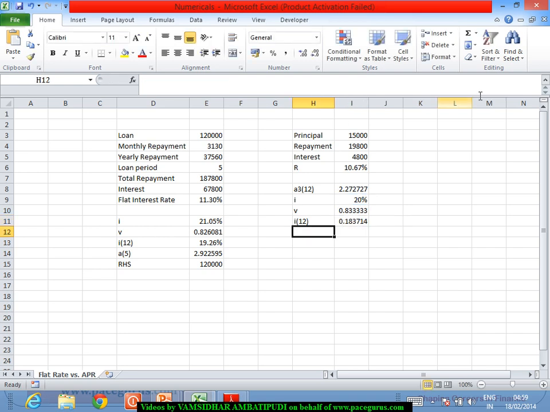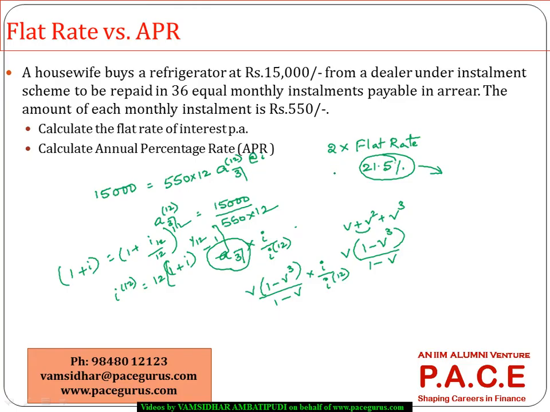Which will tell me that my I12 is somewhere around 18.37%.